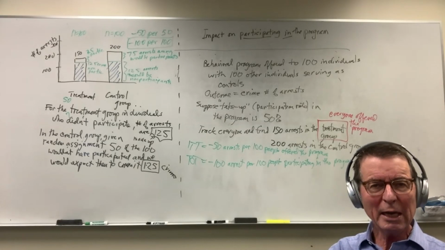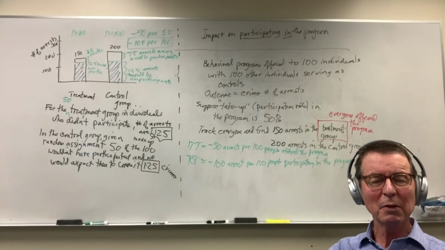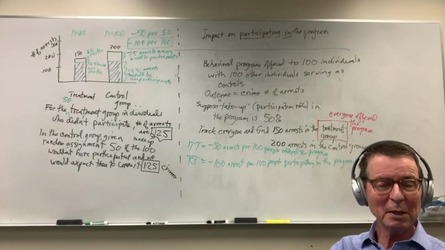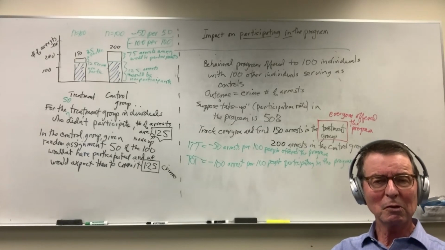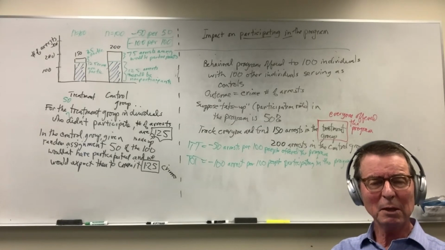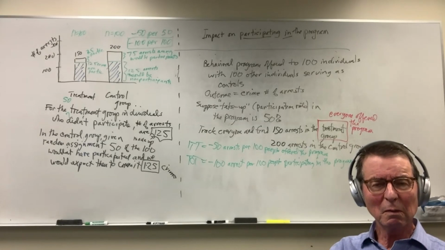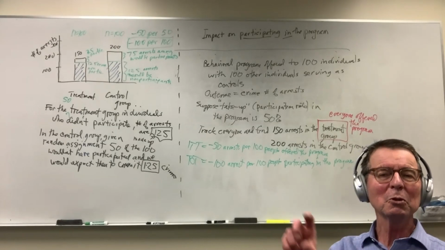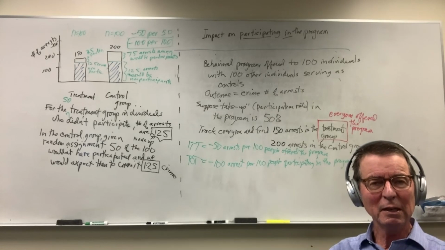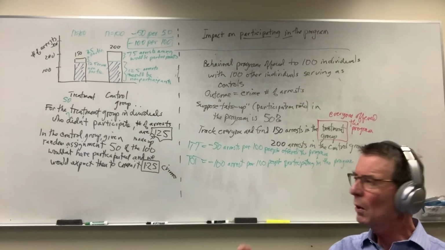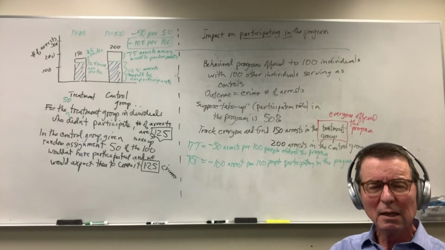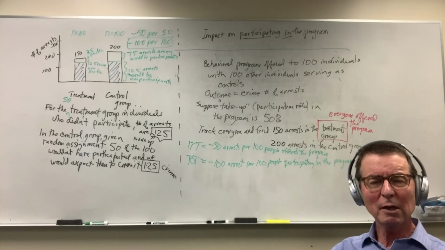So you've got no way to make a sharp comparison of the 125 crimes that were committed by the non-participants versus the 25 that were committed by the people who did participate. What's key here is you want to be able to compare each group to the counterfactual in the control group. And that's what we did. Suppose you've got the 125 and 25. How does that give you a causal estimate of anything?